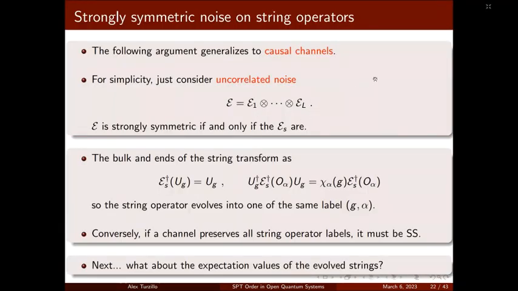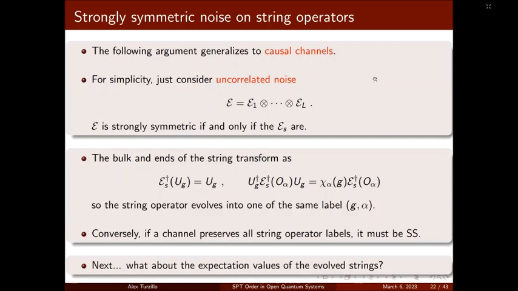The special class of channels are what I'll call uncorrelated noise. So you just have a channel acting site by site. What strong symmetry means on these channels is, of course, that each of the on-site pieces is strongly symmetric. Now, if one looks at how this acts on string operators, one sees that in the bulk, the string operator is just the symmetry UG.